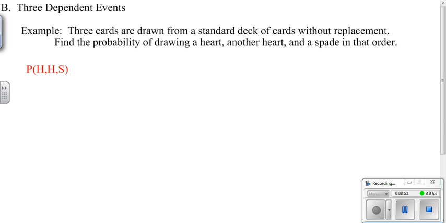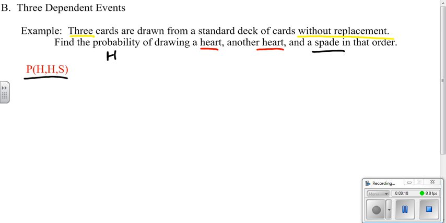So in this case, we are drawing 3 cards from a standard deck of cards without replacing them. Again, the fact that we're not replacing them is very important. We're looking for the probability of drawing first a heart, then another heart, and then a spade in that order. So again, it looks like the probability of heart, heart, spade. Well, let's look at the first heart.